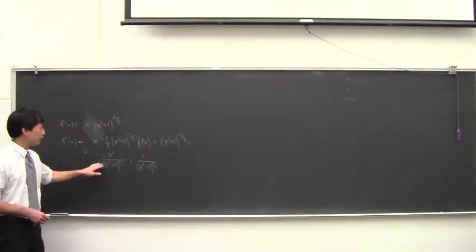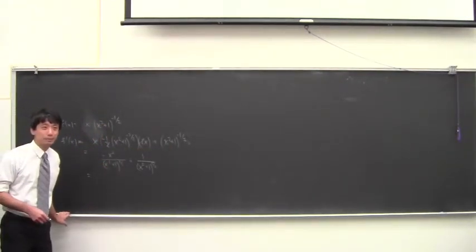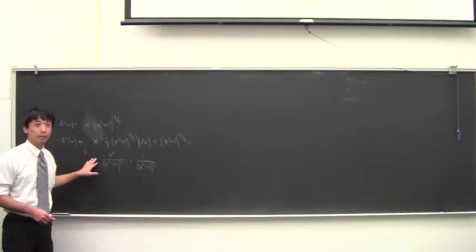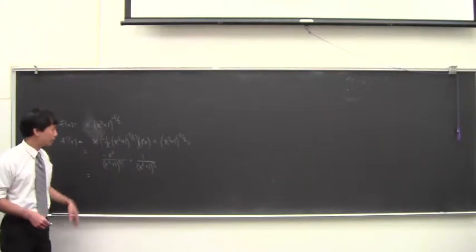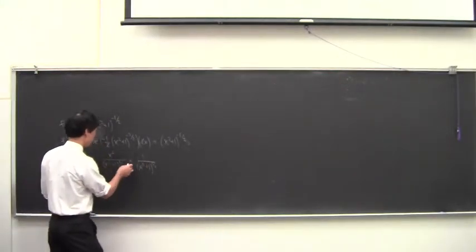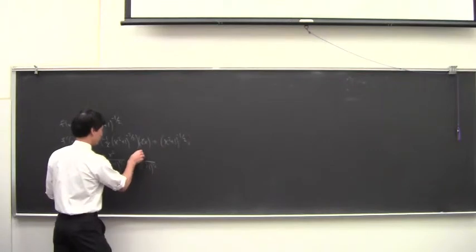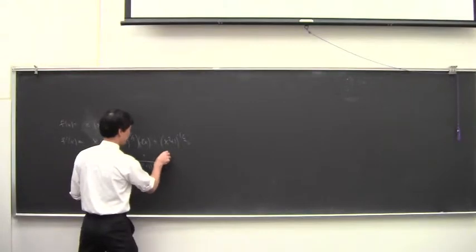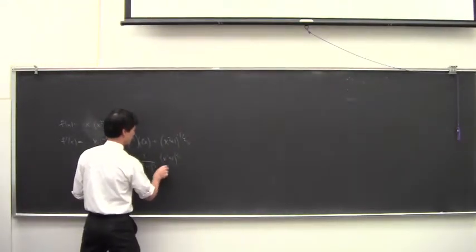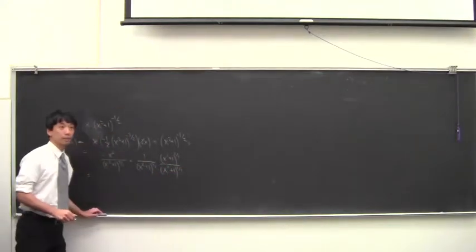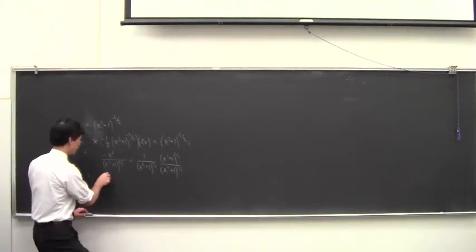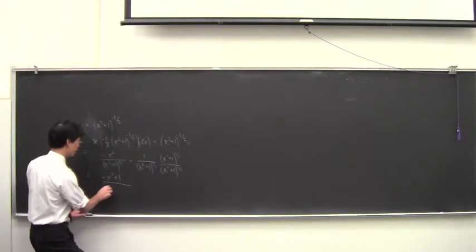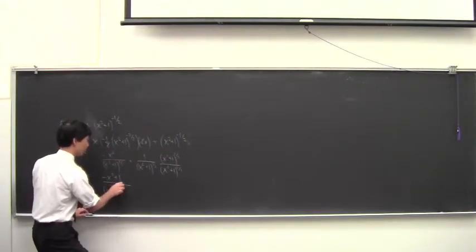Okay. And then, right from here, what do you do? Anybody? You want to find where this is equal to 0, right? So find a common denominator. Let's multiply the second guy by (x squared plus 1) to the 2/2, right? And then you end up with negative x squared plus x squared plus 1 over (x squared plus 1) to the 3/2.